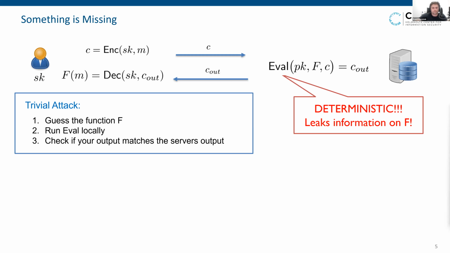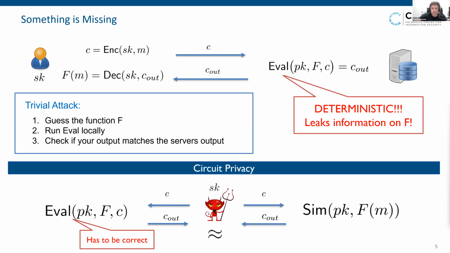So who knows? But to prevent any information leakage, we can equip FHE with an additional property that is called circuit privacy. In the literature, it is sometimes called function privacy. We can rebrand it to program privacy, whatever you want. Informally, we can define circuit privacy such that we have an adversary that holds the secret key of the FHE scheme.